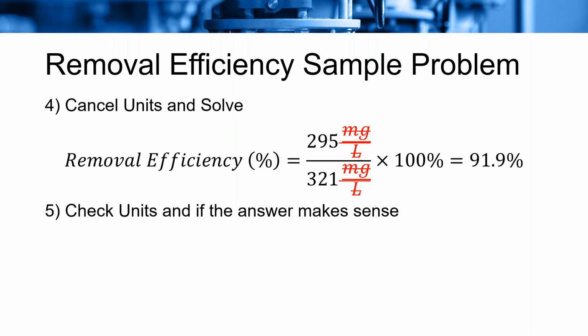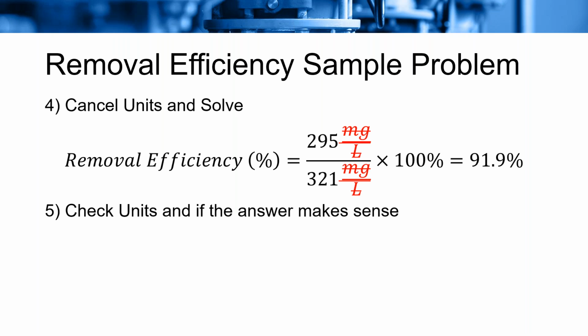Then we divide that 295 by 321 and multiply by 100%. This results in an answer of 91.9%, which makes sense if you remember from our previous slide, between 90 and 99% is the desired efficiency for removal. And we fall right within that.